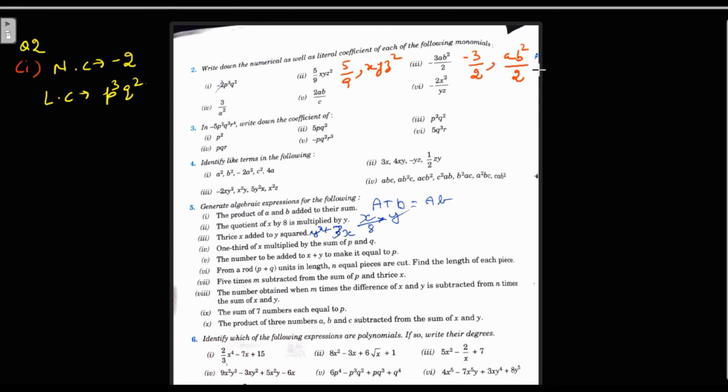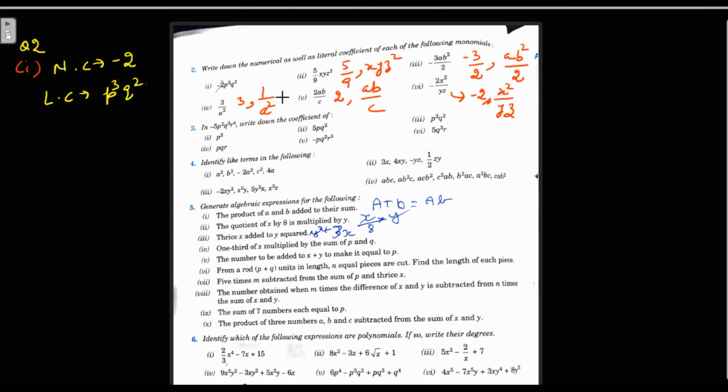In the same way the numerical coefficient here would be 3 and we can separate it by writing 1 upon a square. In the same way, the fifth numerical coefficient and literal coefficient would be ab upon c. Here the numerical coefficient is minus 2 and the literal coefficient would be x square upon yz, right?